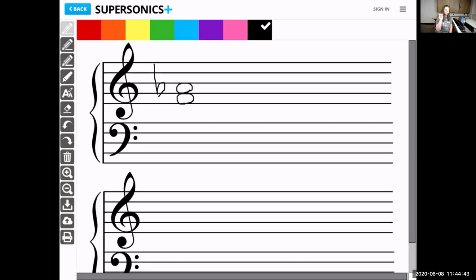So you could do the first one, the second one, the third one, fourth one, fifth one, and just write all the numbers in, and then go back and determine the quality of the interval. Okay, let's see if this will catch up to me. So we have the interval of a third, or you can just write a 3 on your exam, that's fine. So now I'm going to take a look at this bottom note. I'm going to highlight.